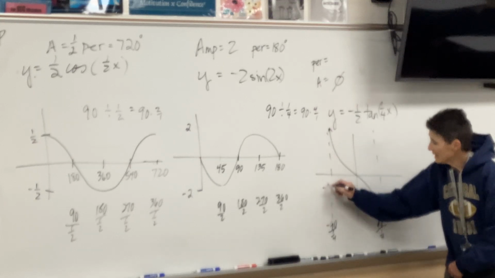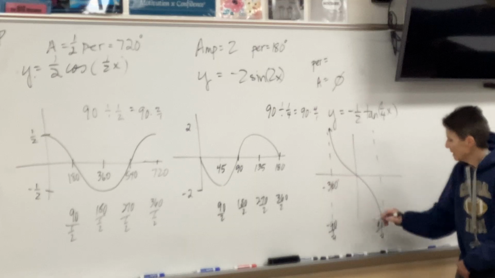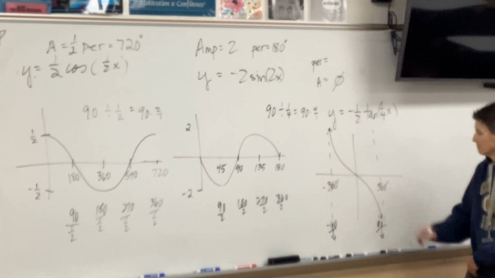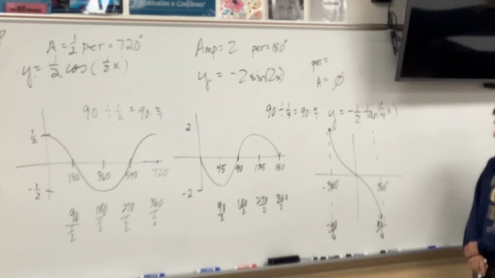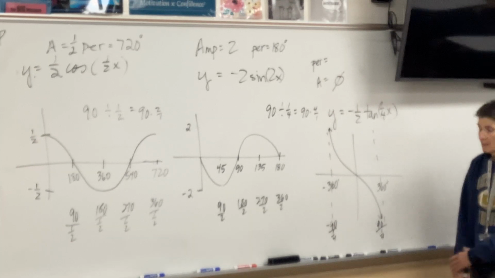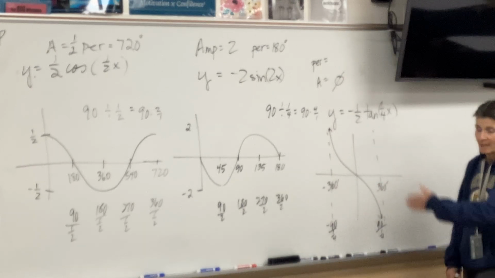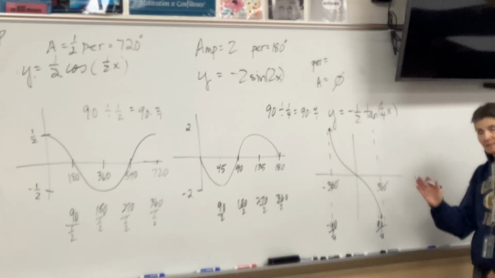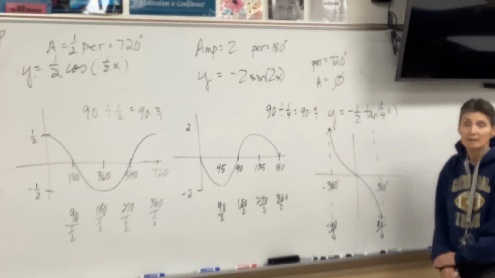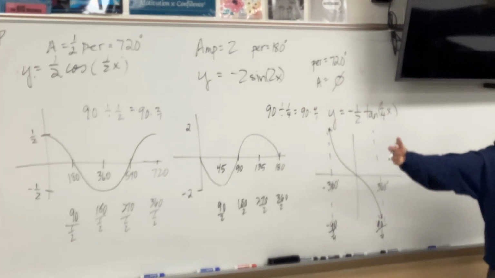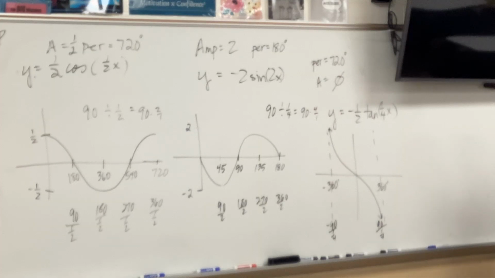So this is negative 360, and this is positive 360. What does that make my period? Beginning to end, negative 360 to positive 360. My period is 720 degrees. Stretch out, 720.